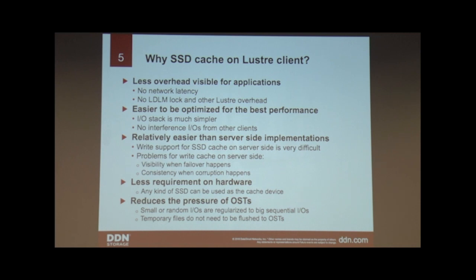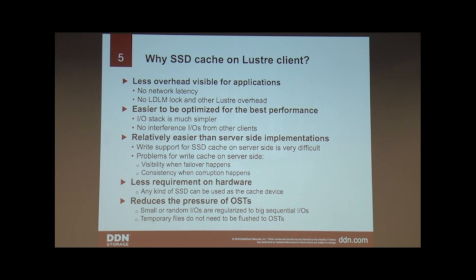For example, you need to make sure the data will still be visible when failover happens, and that there will be no consistency problem when one of the caches or the OST has corruption. But with a client-side cache, the requirement is much less.